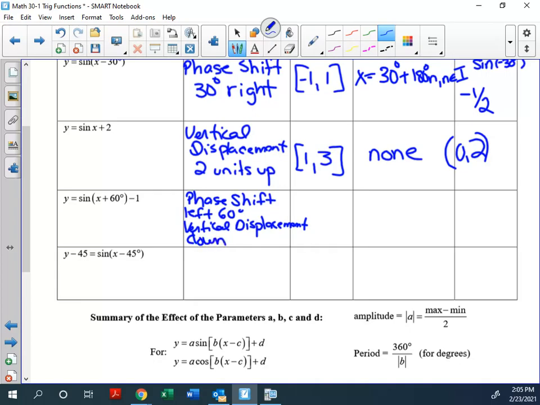Down, 1. So left, down. All right. What did that do to my range? Well, just take the range, which was 1, -1, and move it 1 down. That is going to take me to -2, 0.